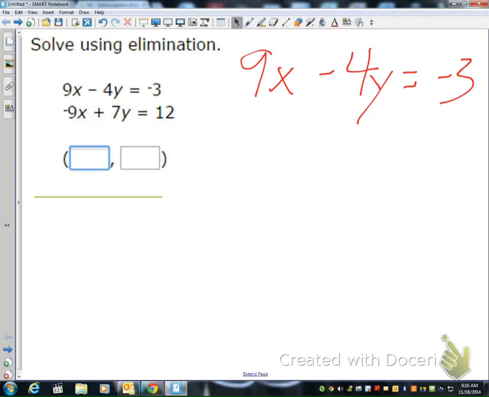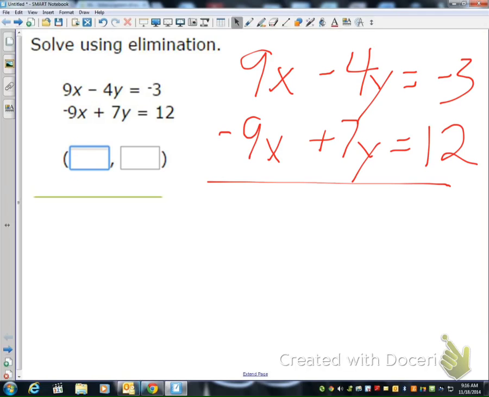So here I have 9x minus 4y equals negative 3, and then I have negative 9x plus 7y equals 12. Since they're opposite signs with the same number, I'm going to add them. 9x plus negative 9x is 0x.